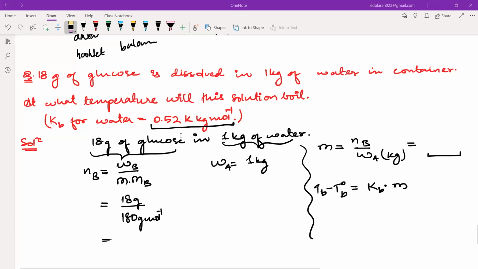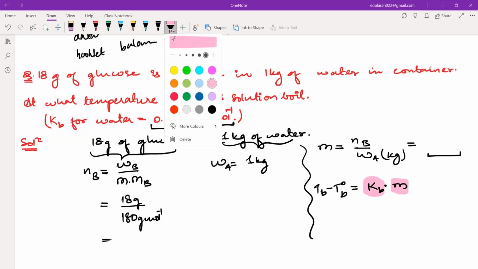Sir, what's the question again? To find NB or to find molality? वो नहीं फाइंड करना है, कुछ फाइंड नहीं करना. What is T not B? I am asking. What will be the value for T not B? चैट में बताइए. See, we can calculate molality. KB is given, है ना?